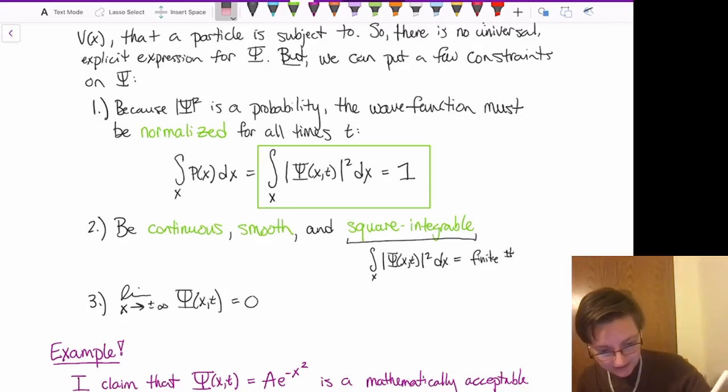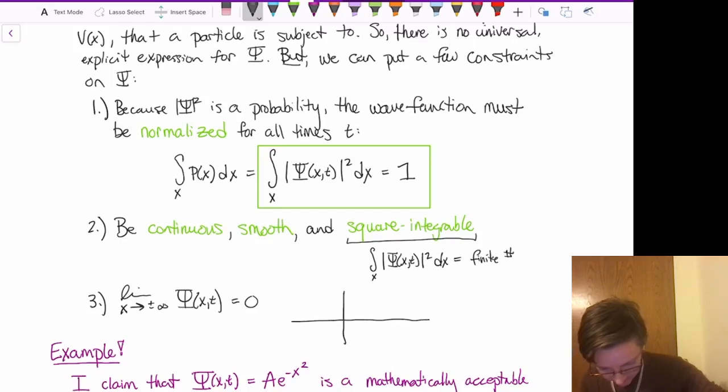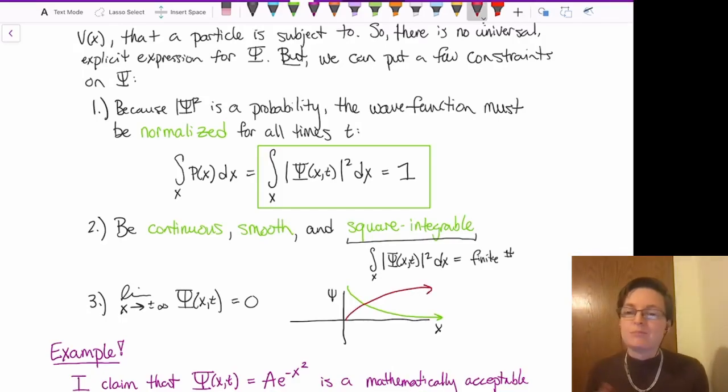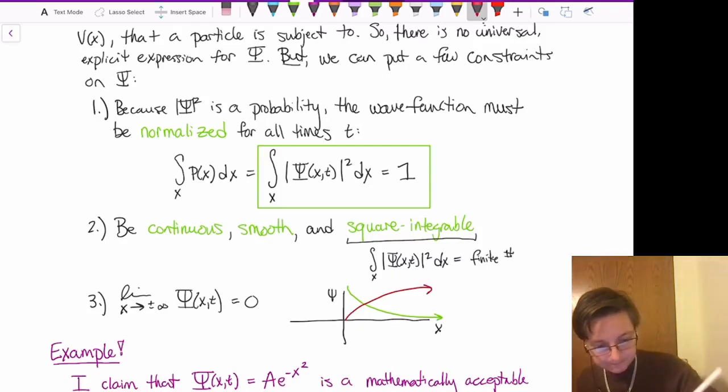But another way of thinking about it is that typically our functions for the wave function look a lot more like this, where it's kind of decaying towards 0 as we get to bigger and bigger x values. And it does not look like this, where psi gets bigger as x gets bigger.